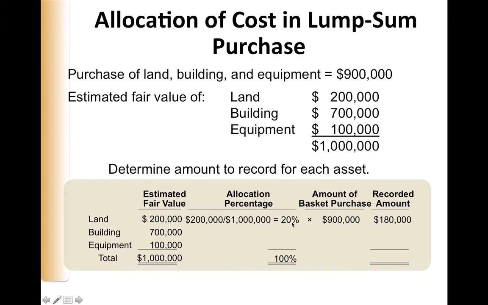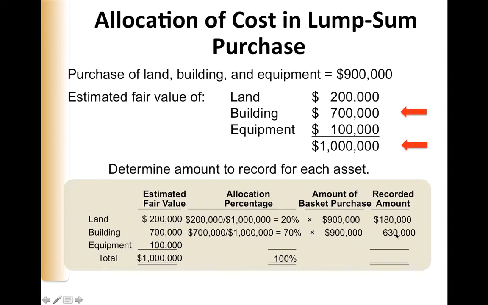So I take this allocation percentage and then multiply it to my purchase price. So out of $900,000, how much will be allocated to land? 180,000. That will be debit to land in my records. And I do the same for building. So I take 700K, divide by 1 million, 70%, apply it to my purchase price.